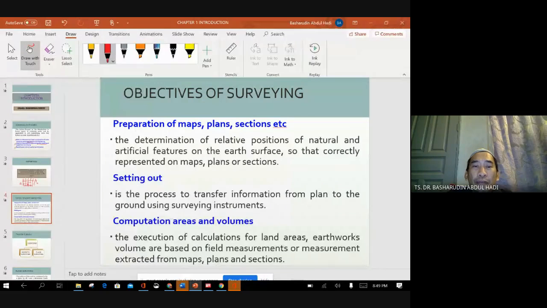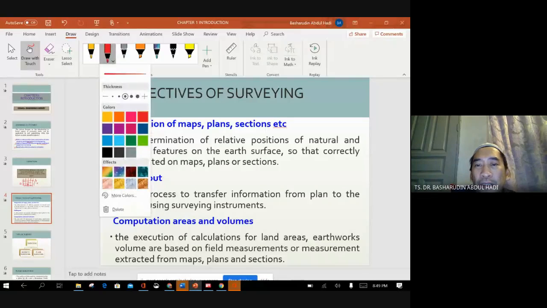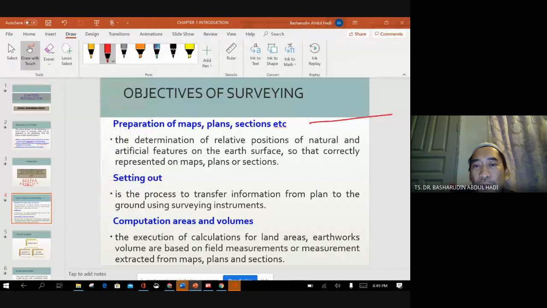We cannot put our plan on maps where the scale is not the same and the projection is not the same. Sometimes we need sections. For example, if you have contours, you need a section like this, because you want to know the topography and understand the volume of this section.